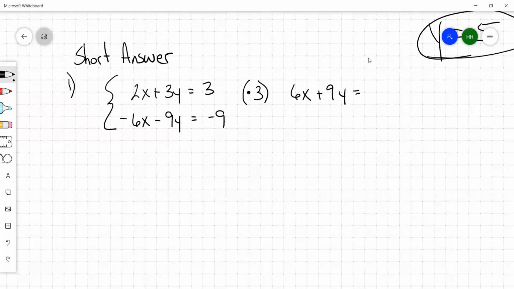And 3 times 3 is 9. And if you can see this, what's that? It's infinite solutions, isn't it? Because if you combine these, you get 0 equals 0. The other thing that is going on here.